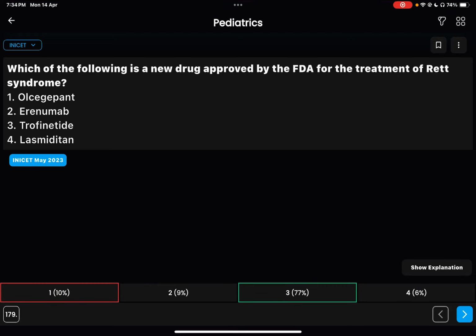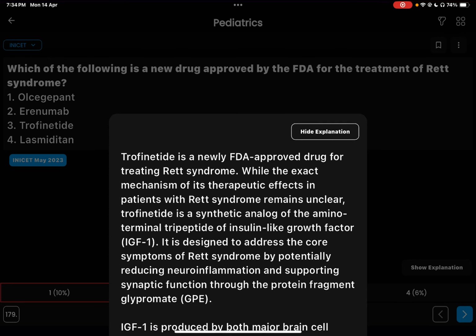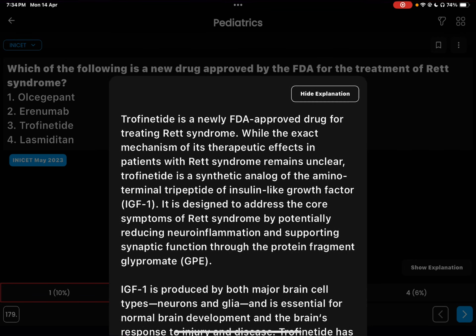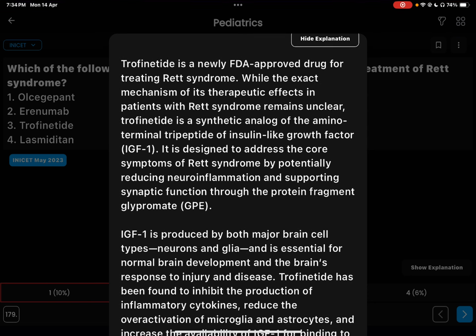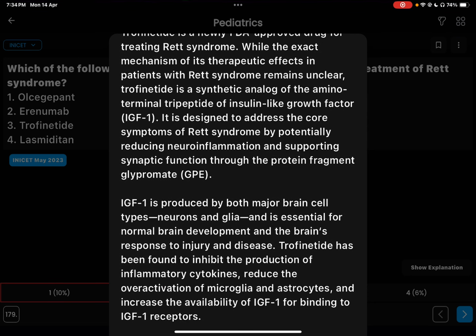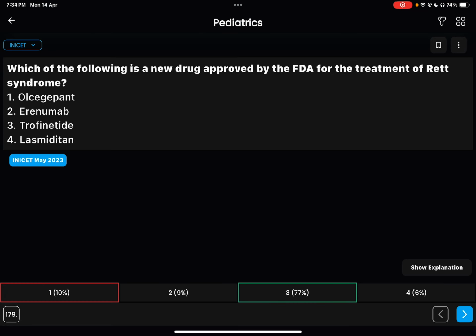Answer is trofinetide. So trofinetide is an analog of insulin-like growth factor 1 and helps in Rett syndrome. Trofinetide.